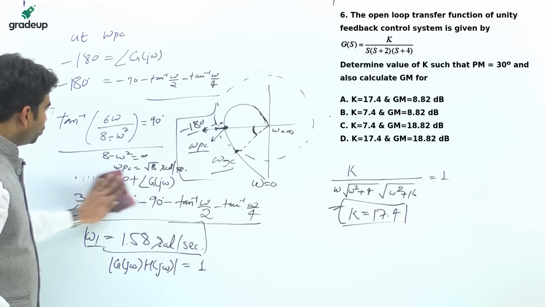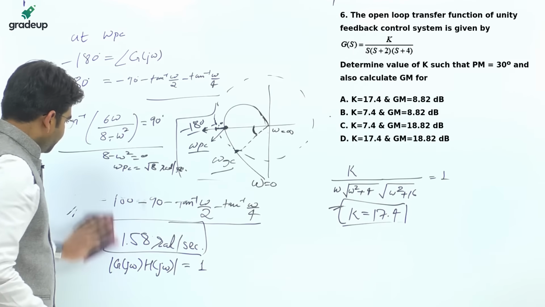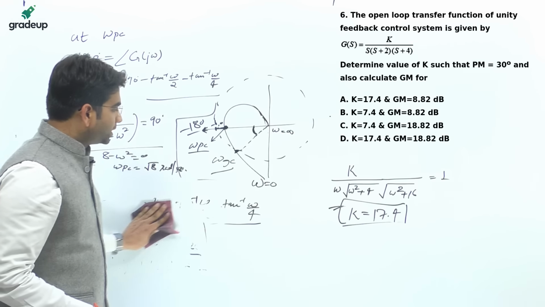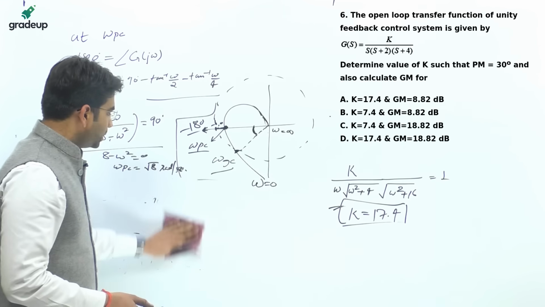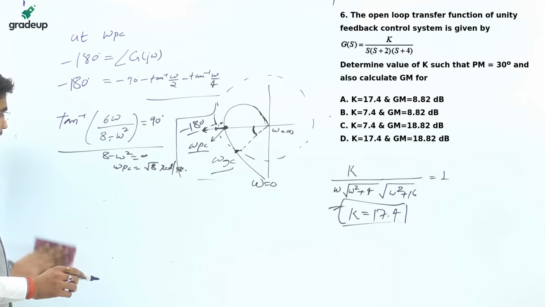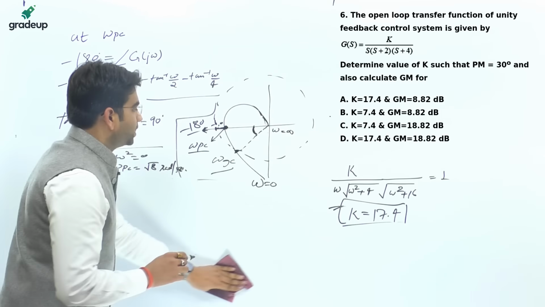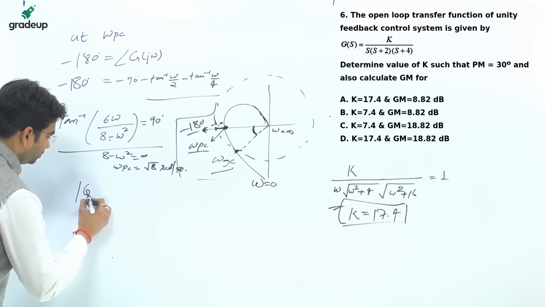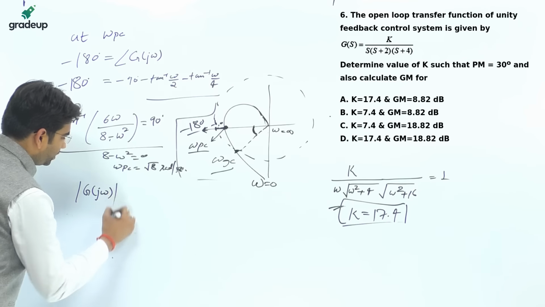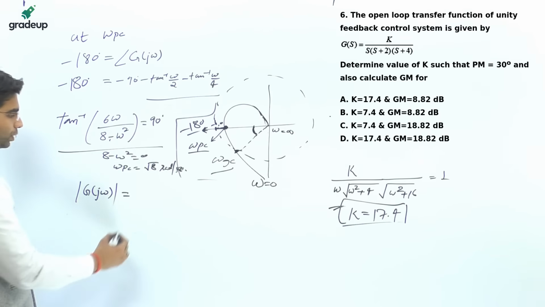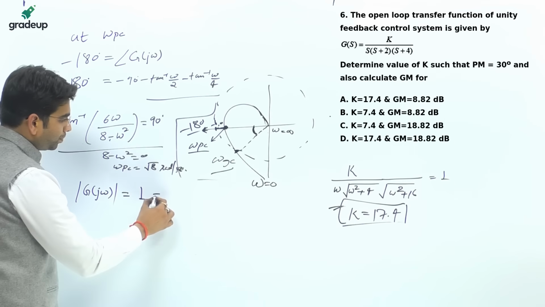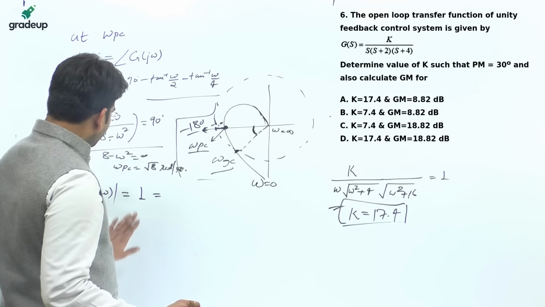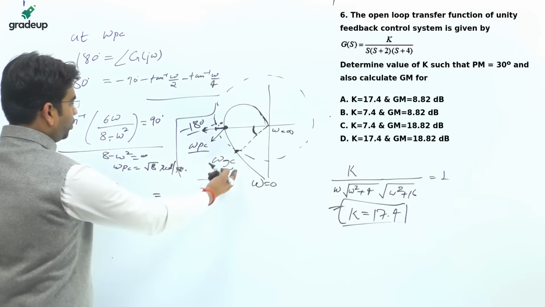Okay. So root 8 radians per second, and you have to calculate the gain margin. Gain margin is calculated at the phase crossover frequency, and the phase margin is calculated at the gain crossover frequency. Again, mod of G(j omega) is equal to 1 for this omega gc.